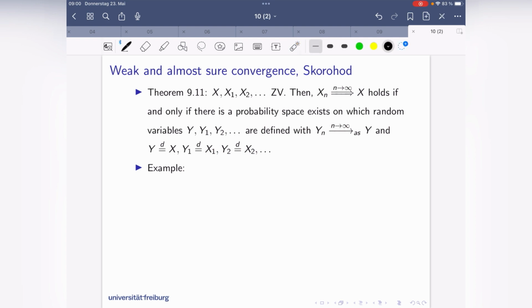A stupid example would be x, x1, x2 and so on. They are IID. As we know, xn converges weakly to x because their distributions are just the same. And then we can define y equals y1 equals y2 and so on equals x. So these are definitions of all these things here.